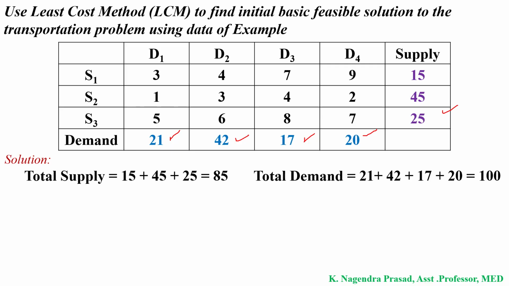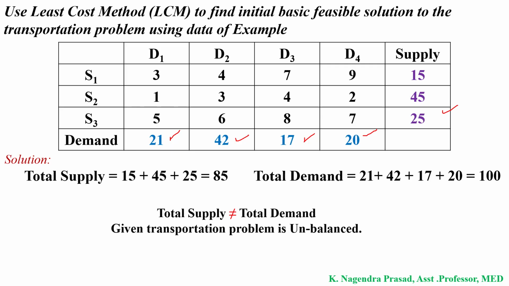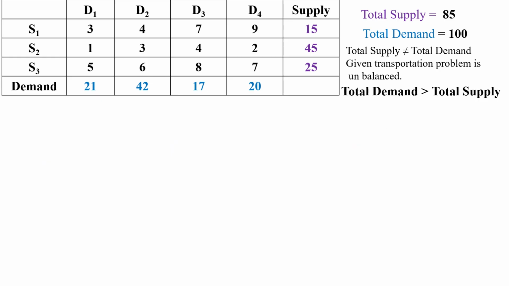So total supply equals 85 and total demand equals 100. Then total supply is not equal to total demand, so the given transportation problem is unbalanced. Here observe the total demand is greater than the total supply.